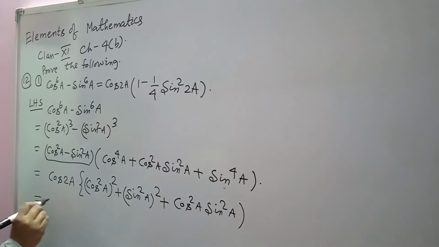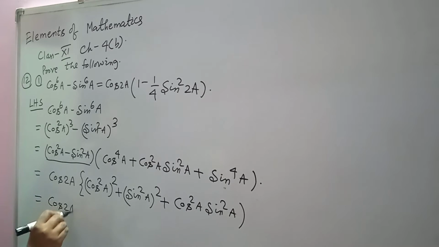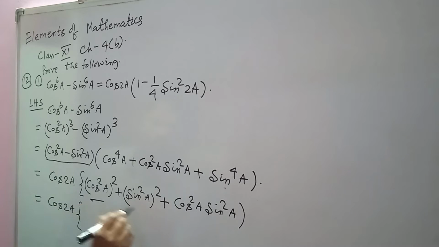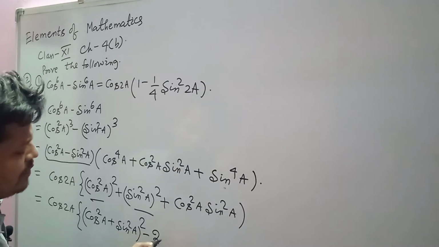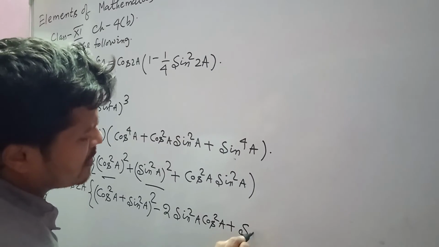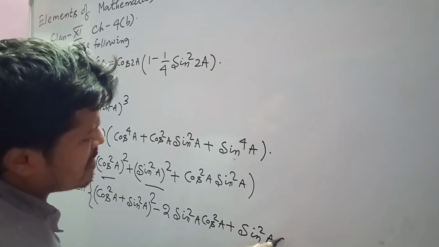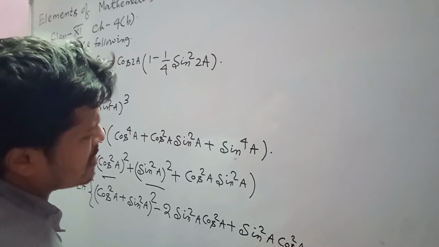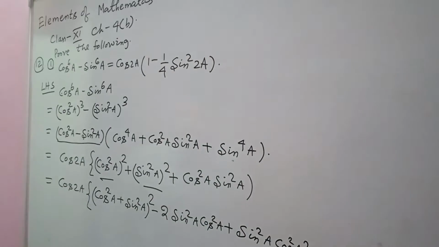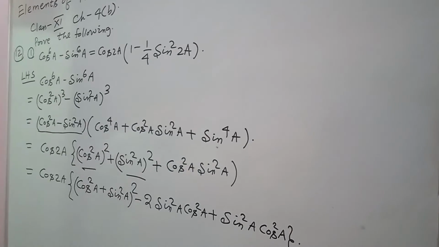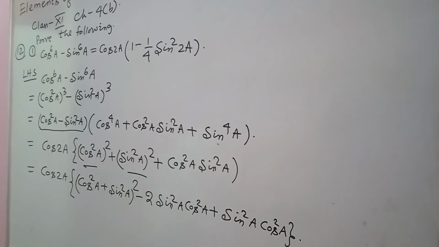So that is nothing but cos 2a into (a square plus b square, that is (a plus b) whole square minus 2ab). So that's it. Now come to the next step.